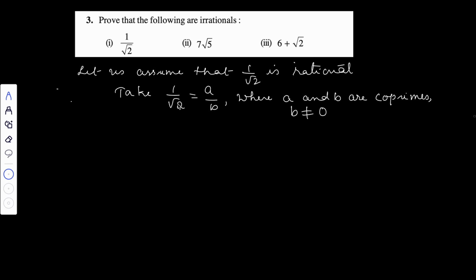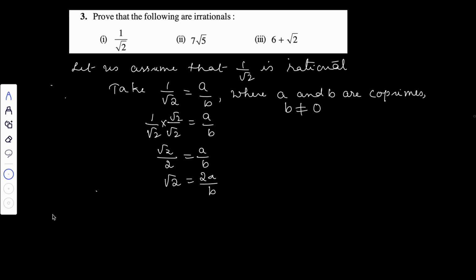Now, since root 2 is there in the denominator, we rationalize the denominator here. 1 by root 2 multiplied by root 2 by root 2 is equal to a by b. So we are getting here root 2 divided by 2 is equal to a by b. Doing cross multiplication, we are getting root 2 is equal to 2a by b. Since a and b are integers, 2a by b is rational.